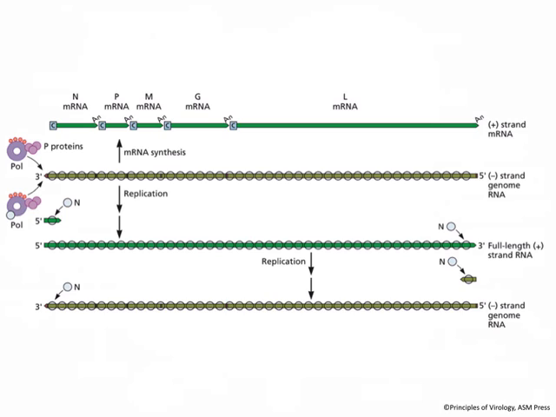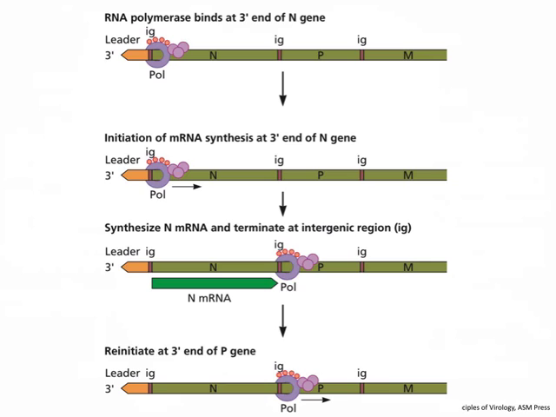So again, the switch from mRNA synthesis to genome, full-length genome synthesis is mediated by the N protein, which serves to anti-terminate at the ends of the mRNAs. So again, individual mRNAs initially, and a long plus strand later on when the N protein concentration gets high.